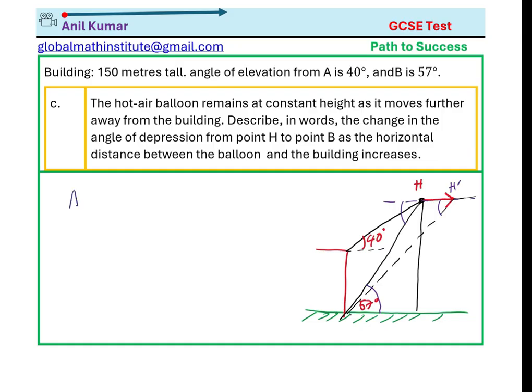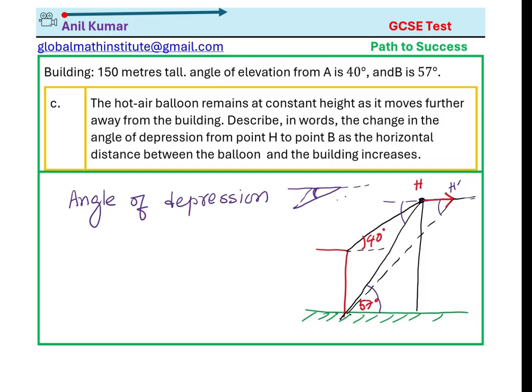So angle of depression is kind of like this. You understand? Like this angle with the horizontal. Let me just extend this line. Not this angle. So this angle, earlier it was this. You see the difference, correct?